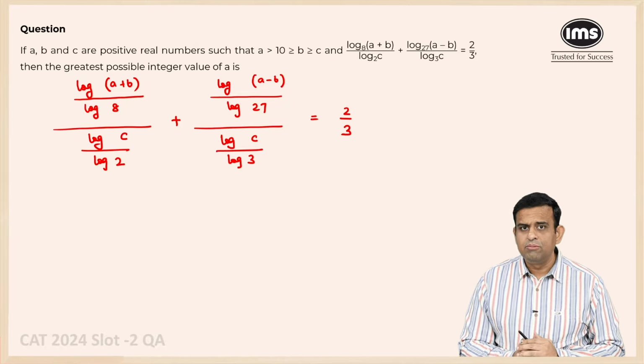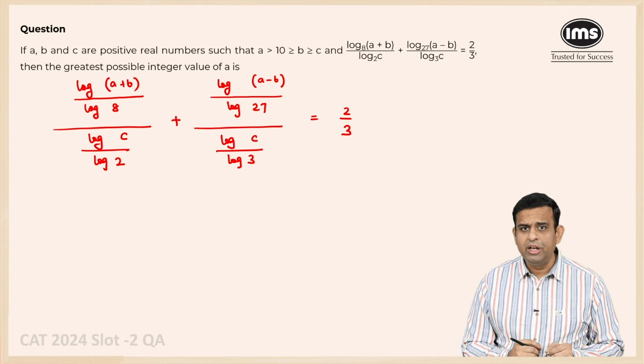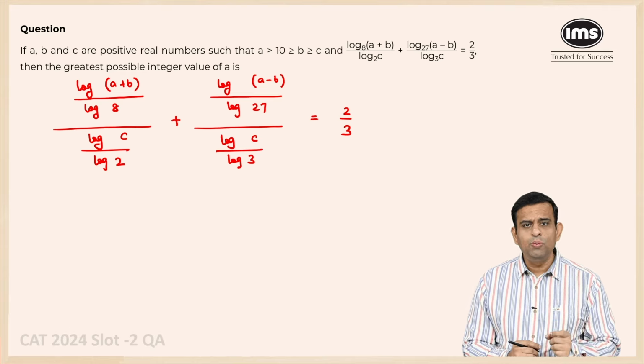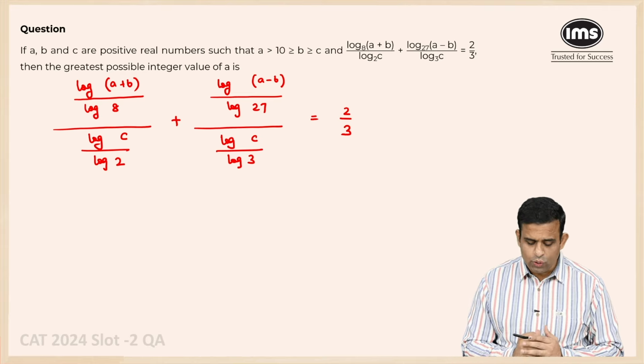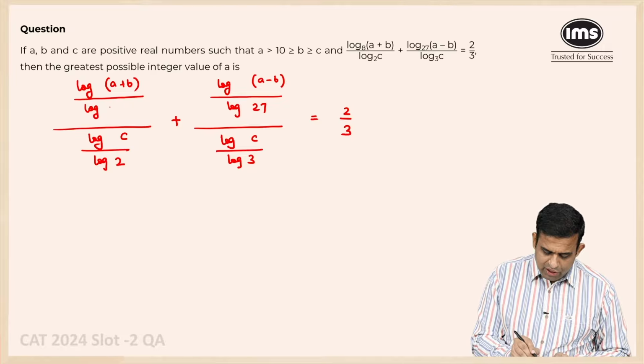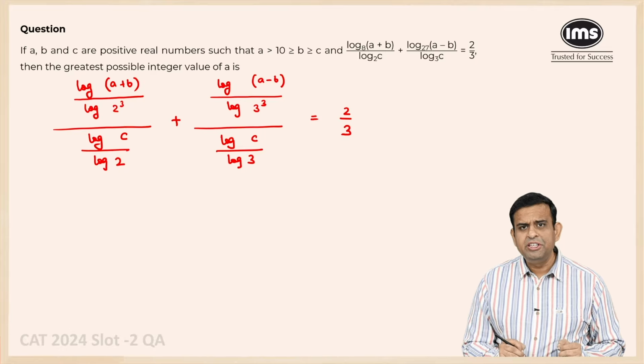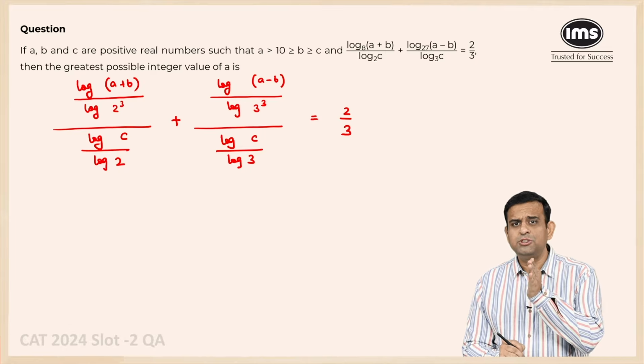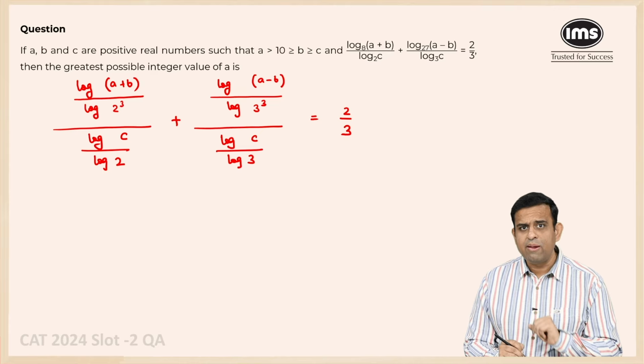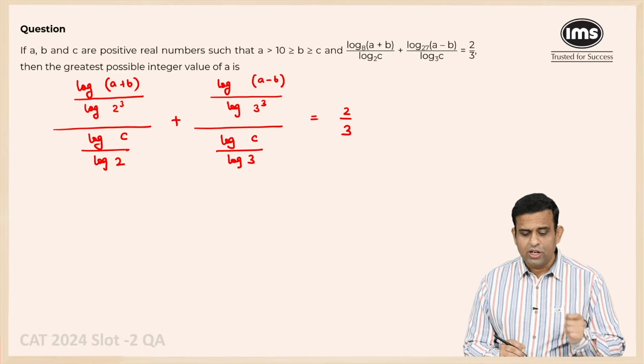Now understand, the numbers 8 and 27 sound familiar. 8 happens to be 2 cube, 27 happens to be 3 cube. So I will write 8 as 2 cube and 27 as 3 cube. And we know the basic property, log of a raised to n is equal to n times log a, that powers are going to come in the front.